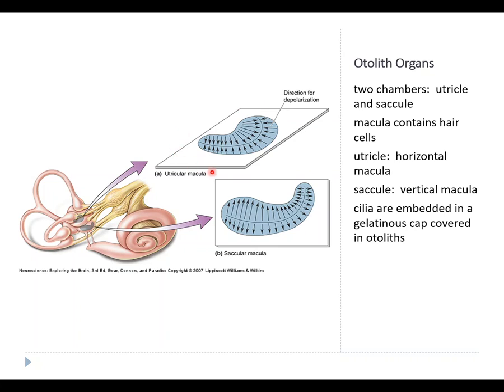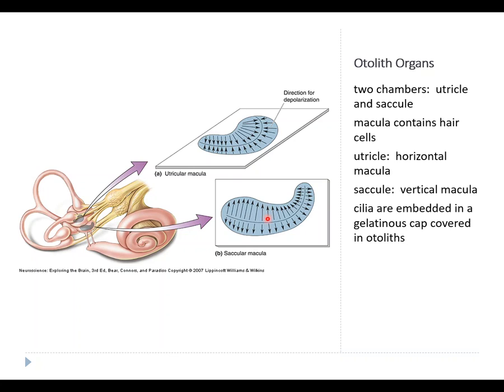So up here, this is one of the horizontal maculas, one of the utricular maculas, and these arrows represent the direction of depolarization for each set of hair cells. So all along the surface, there are hair cells with cilia oriented in the directions indicated by the arrows, which means that no matter which way you tilt your head, some of those stereocilia will be deflected, and whichever ones are deflected tell your brain which way down is.